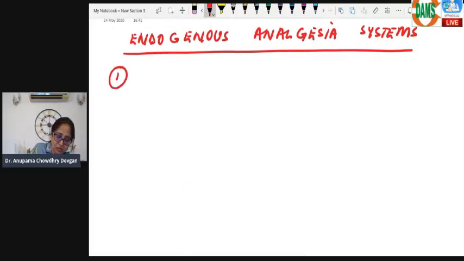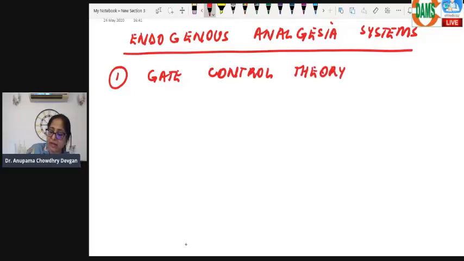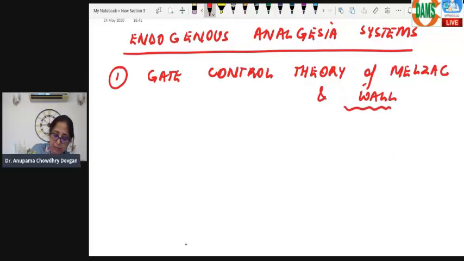The first one is what is known as the gate control theory of Melzack and Wall, right?